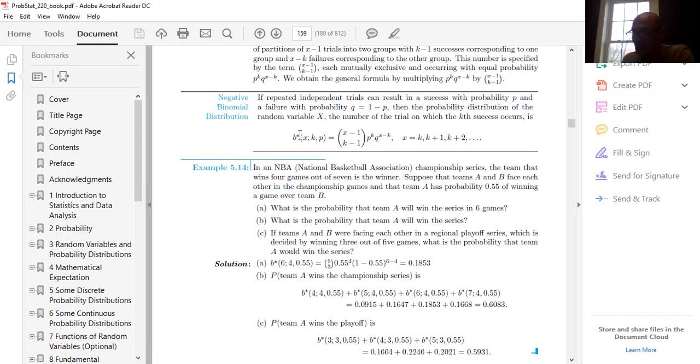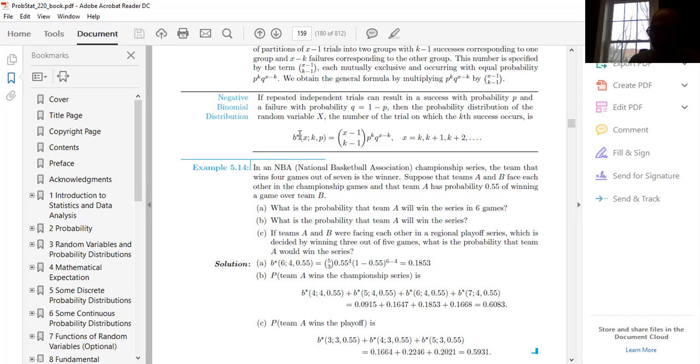In binomial distribution, we talk about X, N, and P. B of X was there, N was the total number of trials, and P is the probability, right?